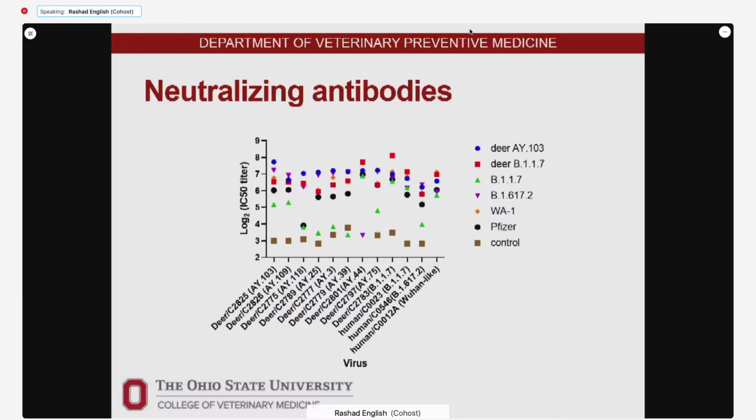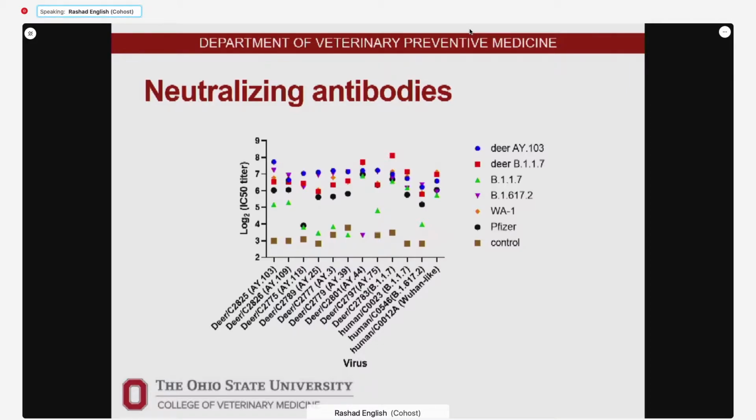Some great work that John Franks did in Richard's lab also included some hamster work. We were able to inoculate some hamsters and look at the sera and how much neutralizing antibody we were able to produce out of some of those deer isolates. You can see that we do have a little bit of lack of protection, especially against the Pfizer-vaccinated hamster sera, and that's in the AY.118.